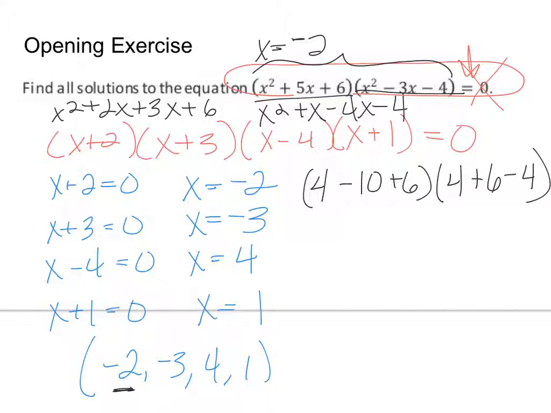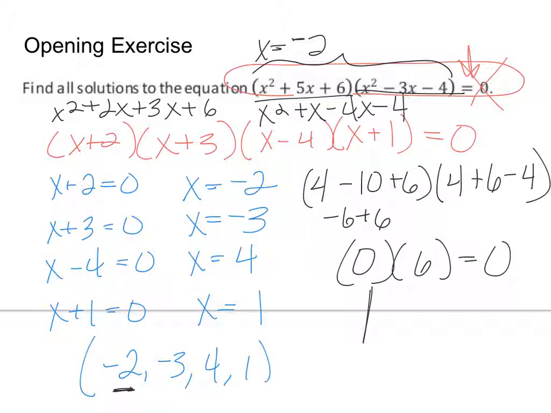So I have 4 minus 10 is -6, plus 6 is 0. 4 plus 6 is 10, minus 4 is 6. And we learned that 0 times any number is always going to be 0. That's what we said in the previous slide. 0 times any number will always be 0.